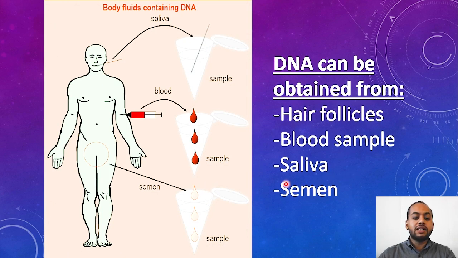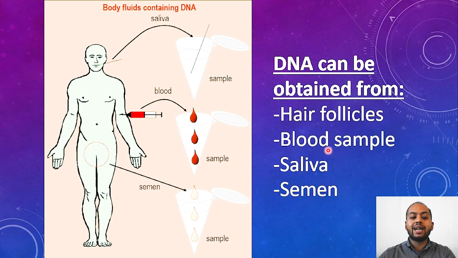Now, when we are trying to extract DNA from our bodies, what are some of the sources? Where can we actually obtain DNA from? I've just listed four basic locations in the body where you could extract DNA from. Firstly, you can extract DNA from hair follicles, so hair follicles coming from your head.